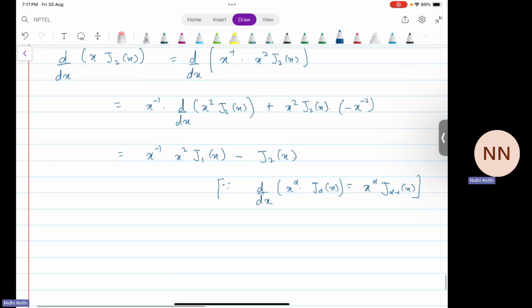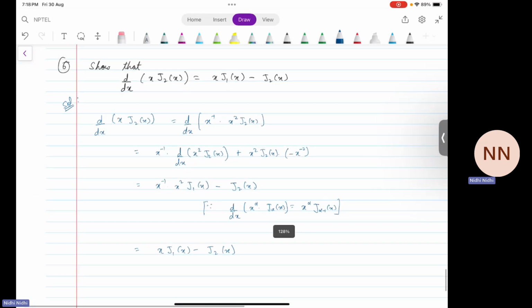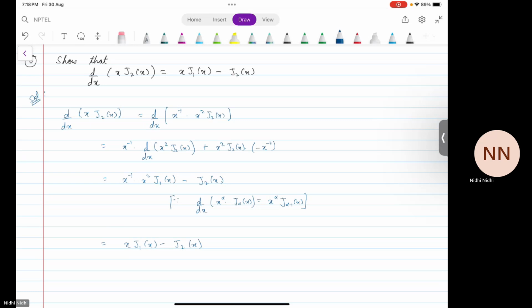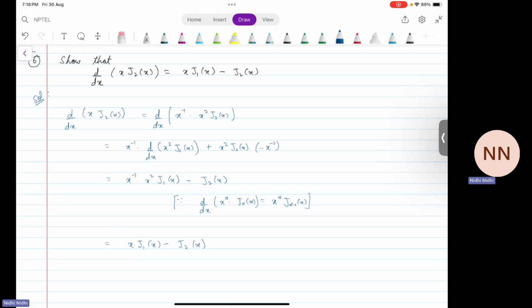Now this gives us x J1 of x minus J2 of x. That is what we wanted. I hope this was clear. If you have any doubt, please let me know. We have mainly only used the first property that we had listed in the starting of the session. First property of Bessel's function.